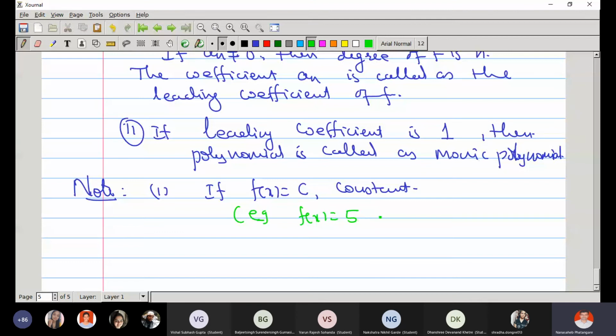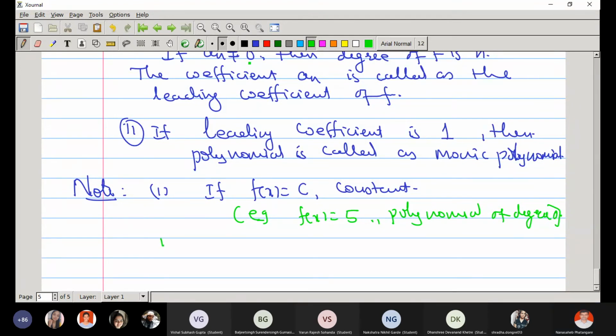Yes. So a polynomial of degree 0. 5x^0. Right, it is a polynomial of degree 0 because x to the power 1 and all higher degree terms are 0.